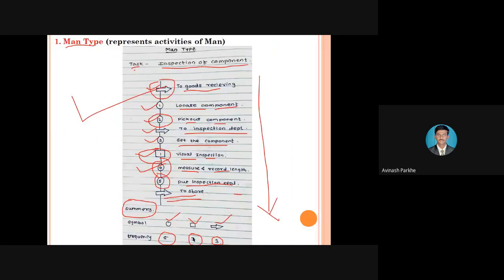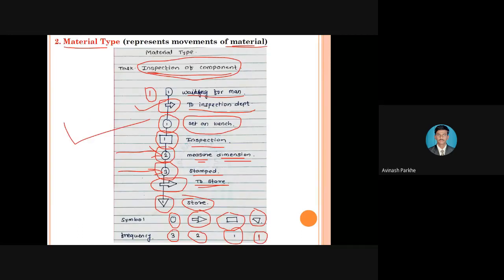In that, the first type is the man type, which represents the activities performed by man during the inspection of the component. Then the movement of the material is represented by using the material type of flow process chart.